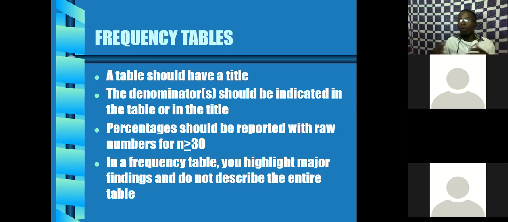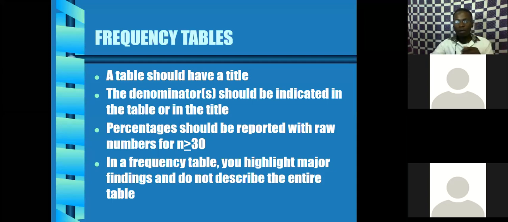Okay. Now, most of the times when you are representing quantitative data or information, we use frequency tables and other graphs in order for us to present our data. Okay, so like I mentioned this afternoon, we want to look at how to quantitatively present our information or our data. And in this case, we're looking at frequency tables.